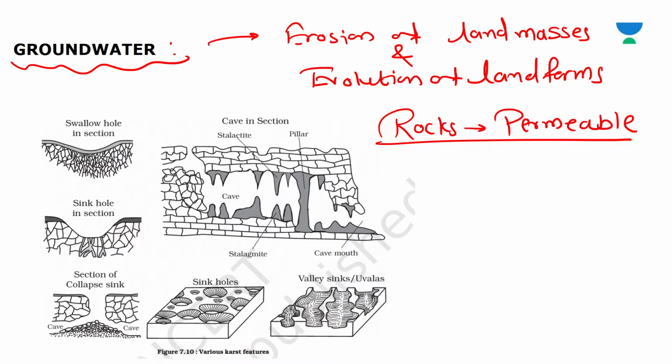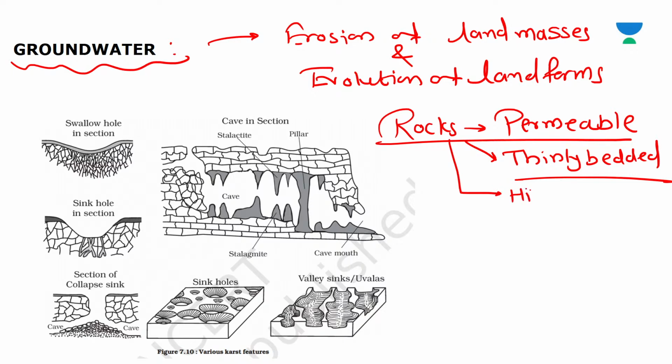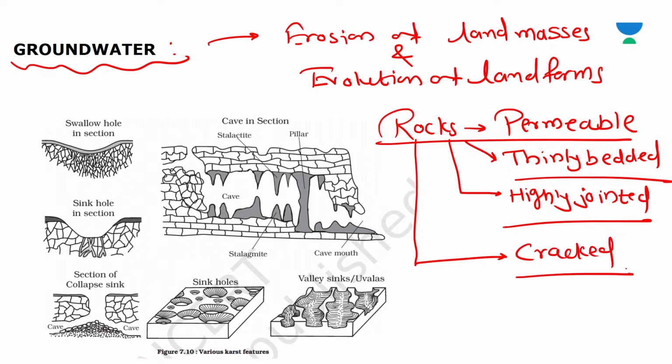Now friends, basically the surface water percolates when the rocks are permeable, thinly bedded and highly jointed and cracked.